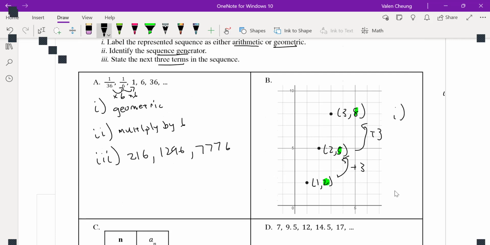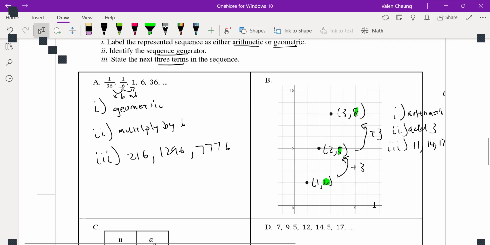So part 1, it's going to be arithmetic. Part 2, you add 3, sequence generator. And part 3, 8 plus 3 is 11, plus 3 is 14, plus 3 is 17.